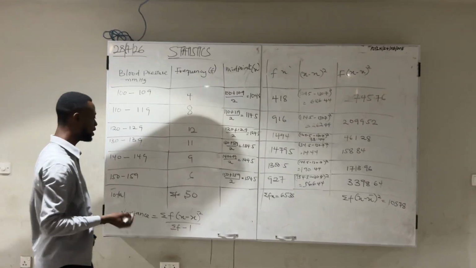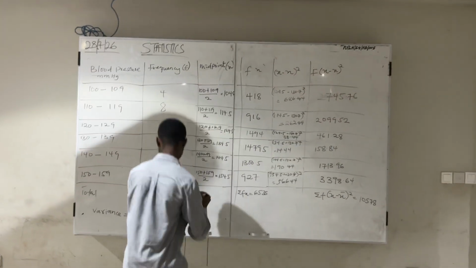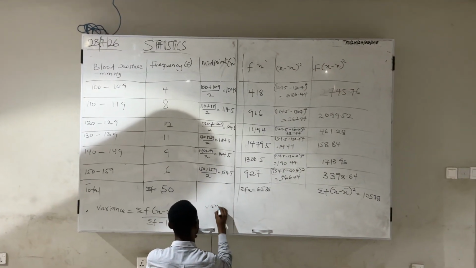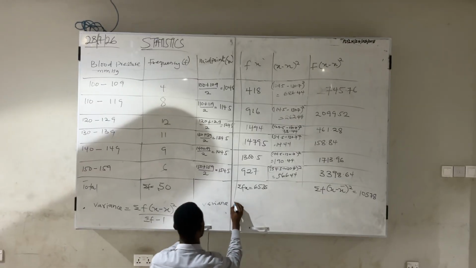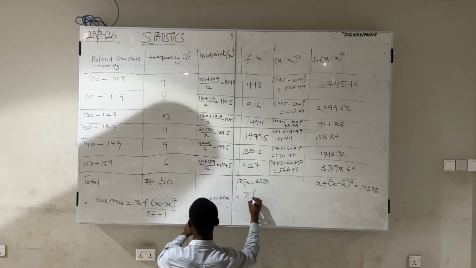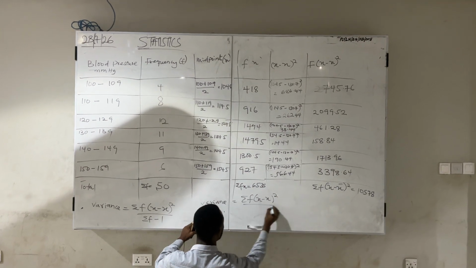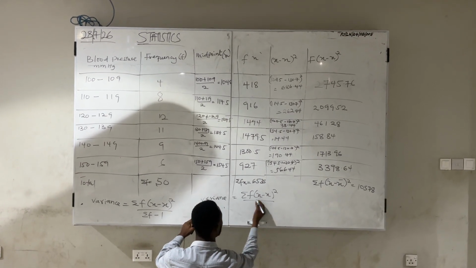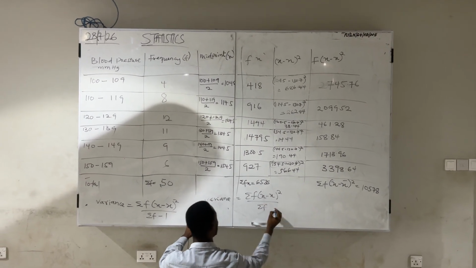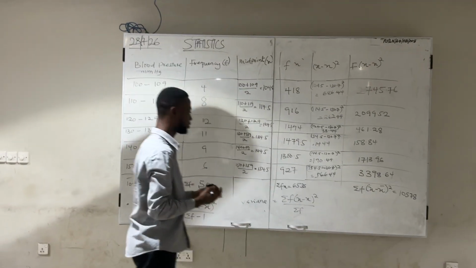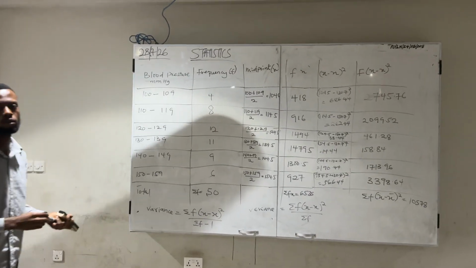Then for population data, the variance is the summation of f multiplying the deviation, all divided by the summation of the frequency. Excellent. So now let's use the sample data formula.